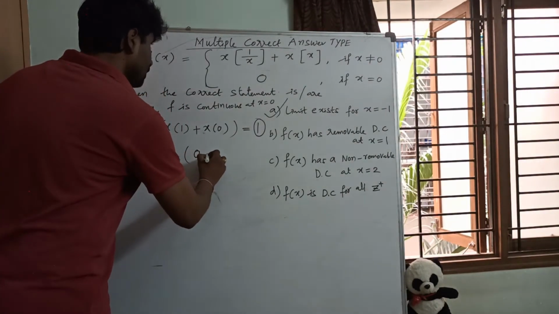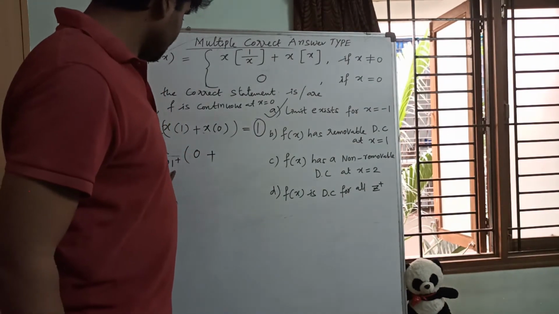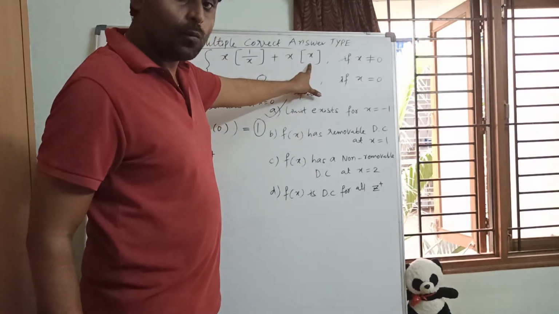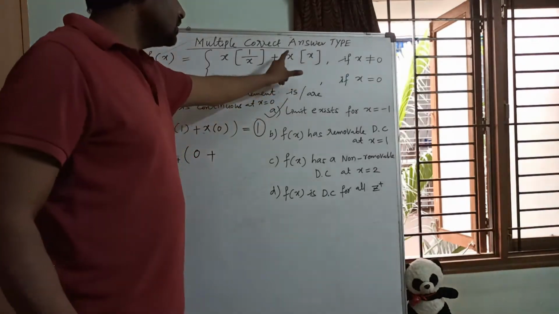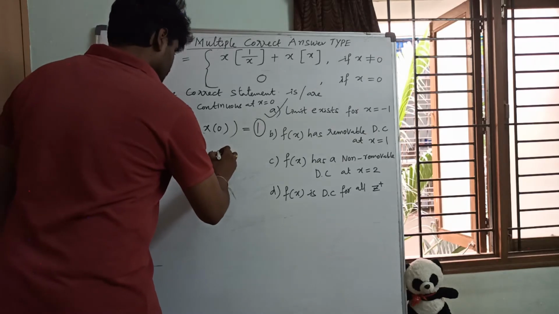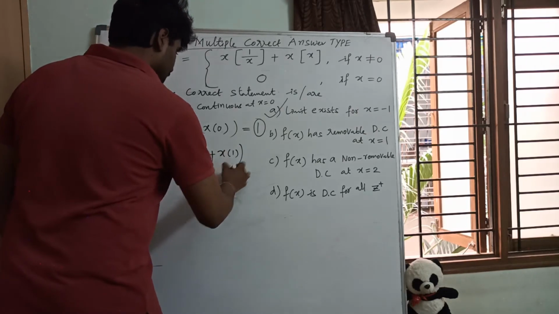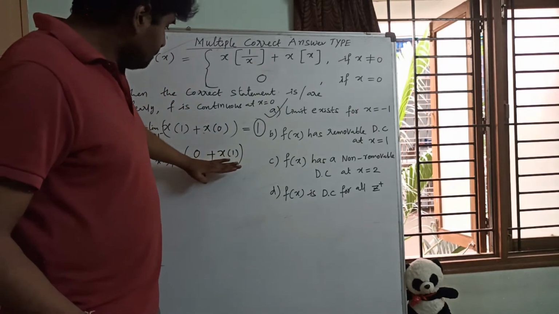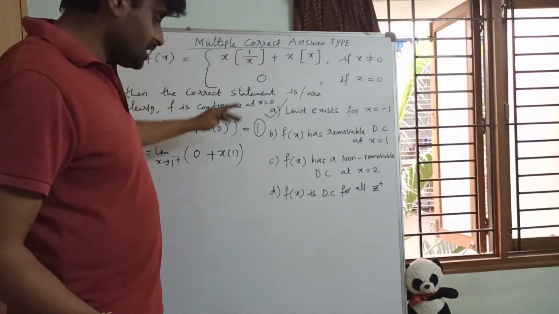Here also 1 point change, step 1. So 1 into this value is x. X into 1. Okay, finally after simplifying this step function, we'll substitute the limit.